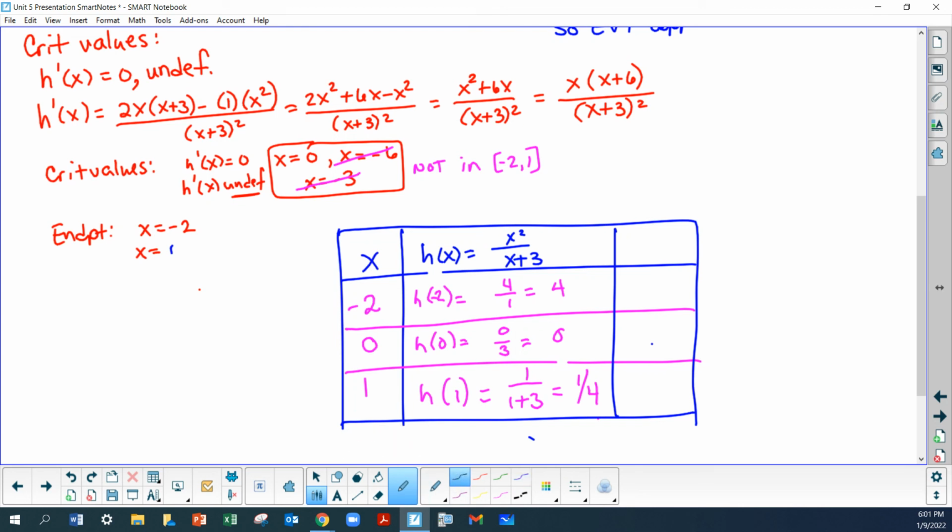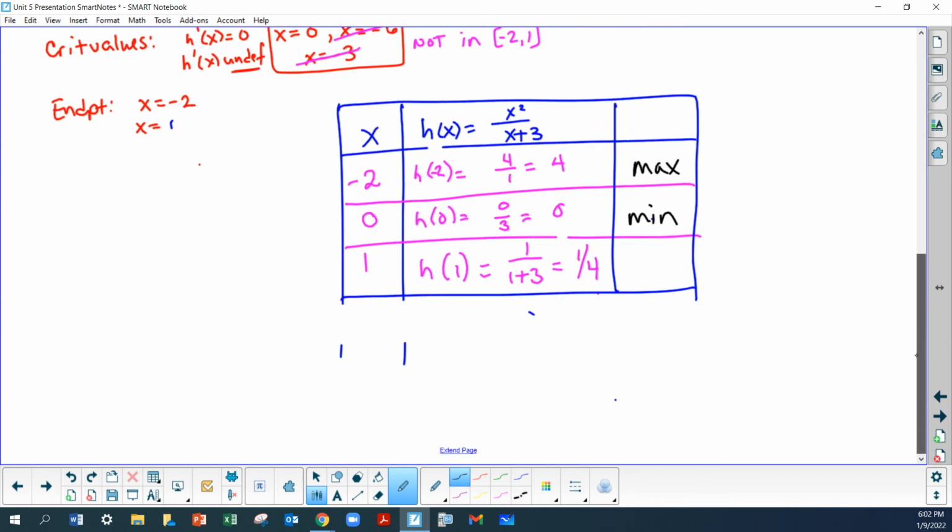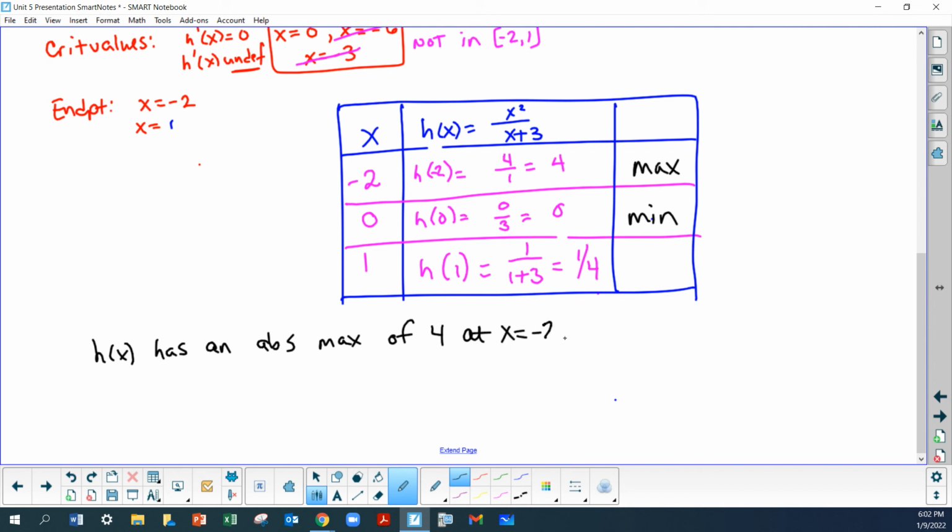Hope so. Pretty easy, isn't it? We have a max of 4 and a min of 0. One occurred on an endpoint, one occurred in the interior, and then we could write our statements, couldn't we? All right, so my statement would say h of x has an absolute max of, this will be our y value, 4 at x equals negative 2.